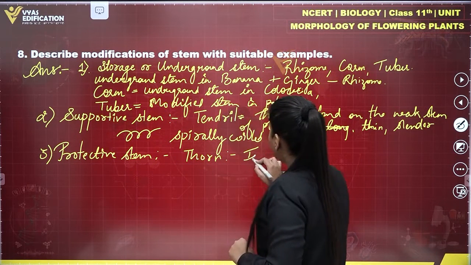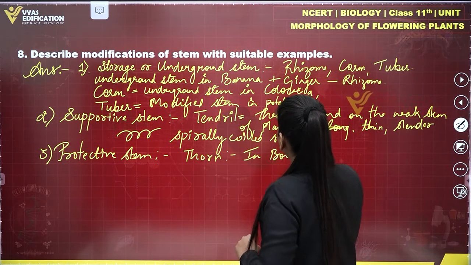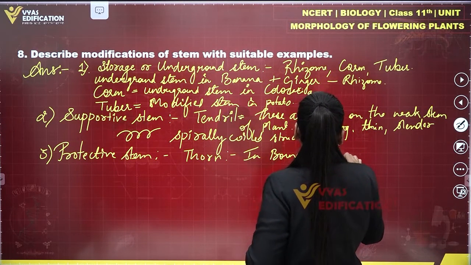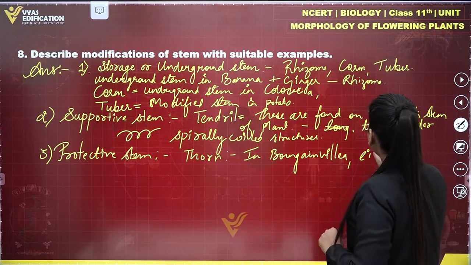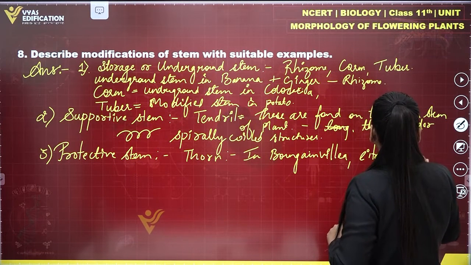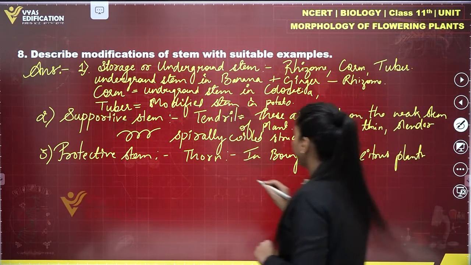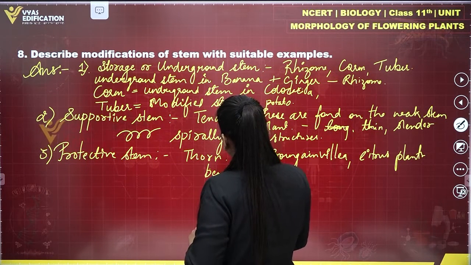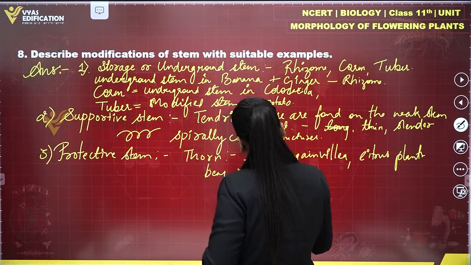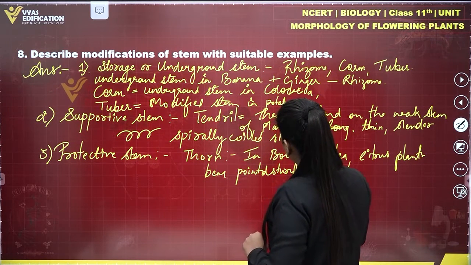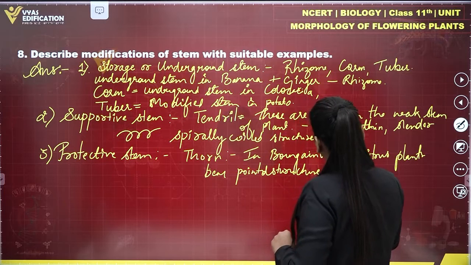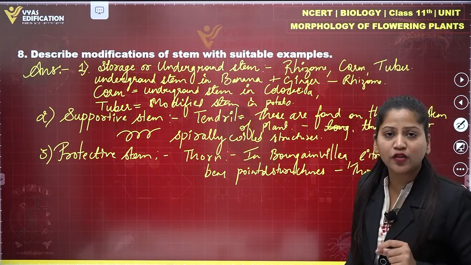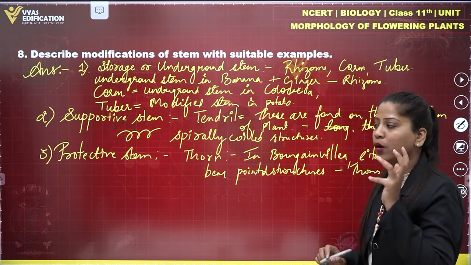Now in plants like bougainvillea and citrus plants, they bear pointed structures known as thorns, and they provide protection to them from herbivore animals.